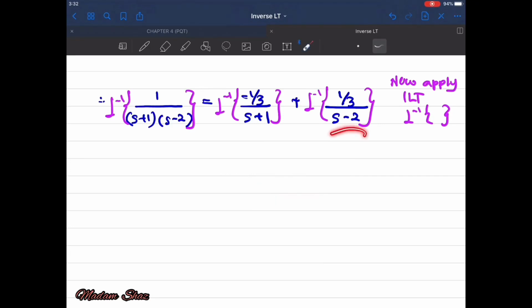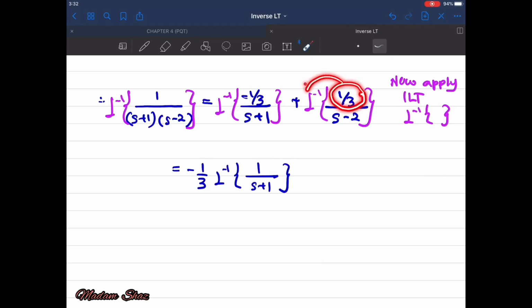We want to solve the right hand side. For Laplace inverse negative 1 over 3, we have a constant on the upper side, so we bring the constant outside: negative 1 over 3 Laplace inverse 1 over s plus 1. The second curly bracket also has the constant 1 over 3, so bring it outside: plus 1 over 3 Laplace inverse 1 over s minus 2.